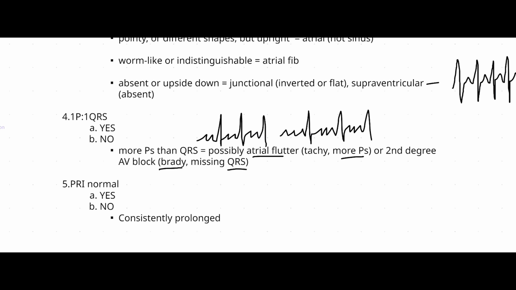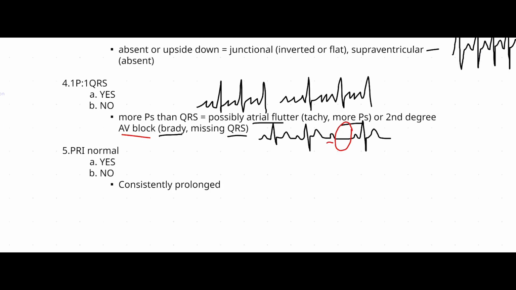It skipped it, but it's not a skipped beat because a skipped beat is missing the whole cycle. Here, you're just missing the QRS, but you have a P. That's an AV block. So now that's one criteria for AV block. What you're doing is collecting your clues as to what the rhythm is, and they all come together.